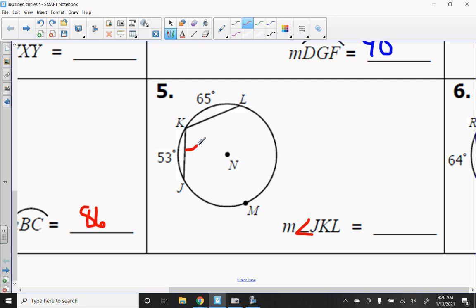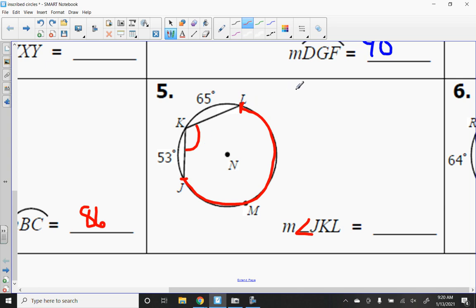So I want to find what this angle is here. And how do you do that? I can identify its associated arc. This arc belongs to that inscribed angle. So if I find this big, long, red arc, I can find the inscribed angle because it's half.